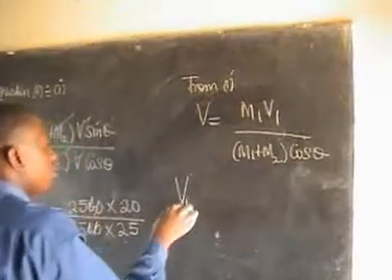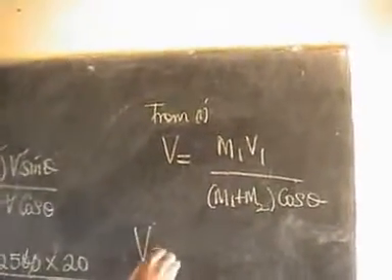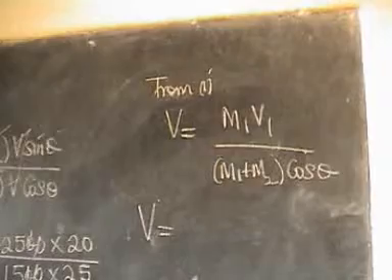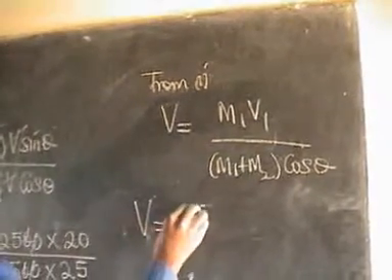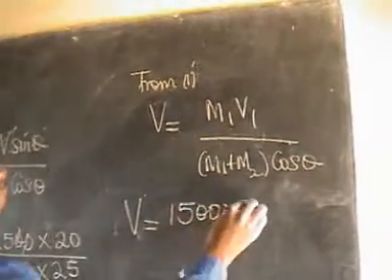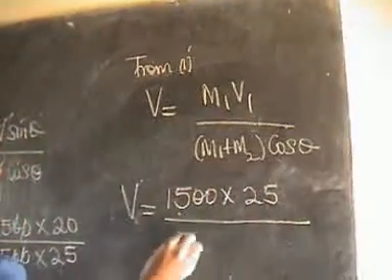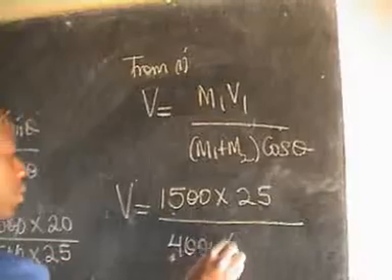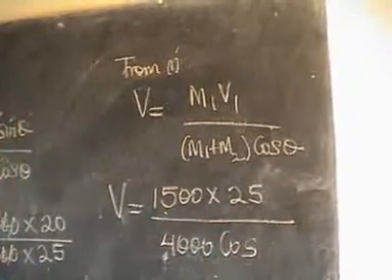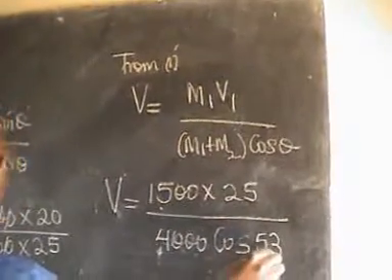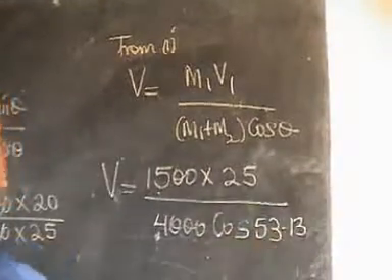So you get your v equal to m1 v1, when you add the 2, 4000 cos theta, where theta is 53.13.